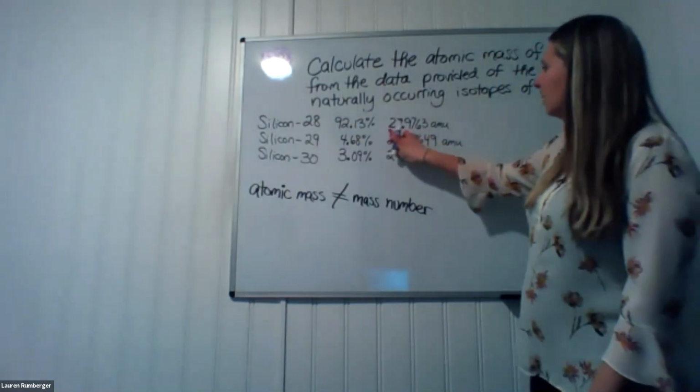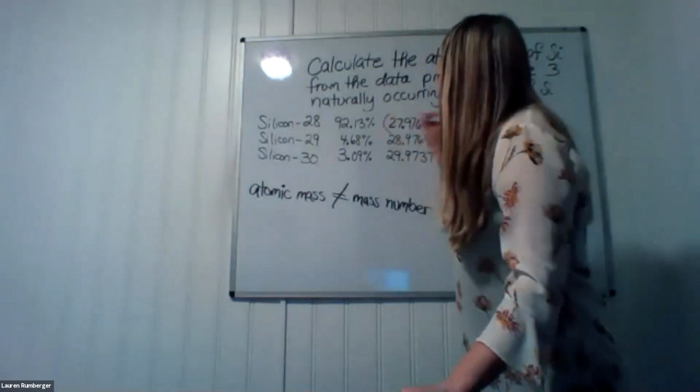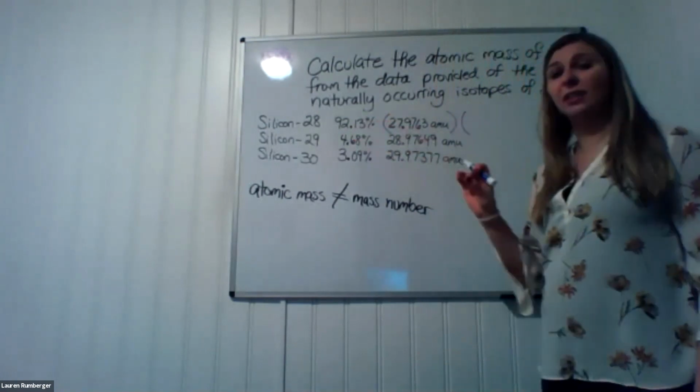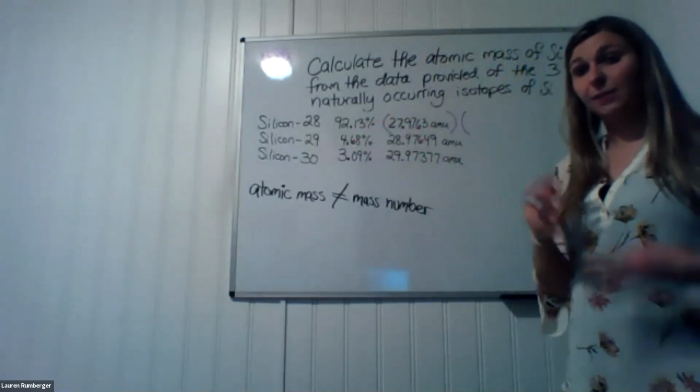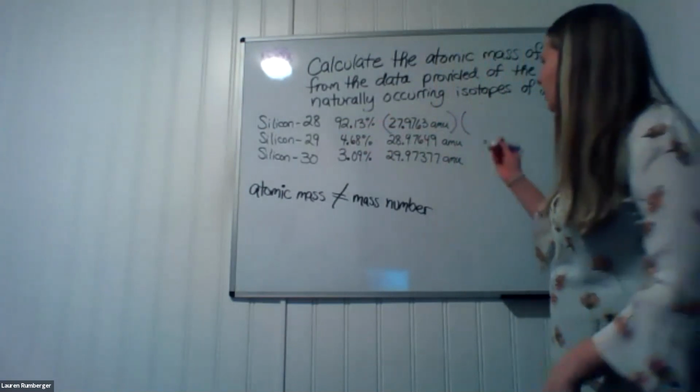So what I'm going to do is take the mass of silicon-28 and multiply it by the percentage as a decimal. Okay, in order to make a percentage a decimal, we divide by 100.